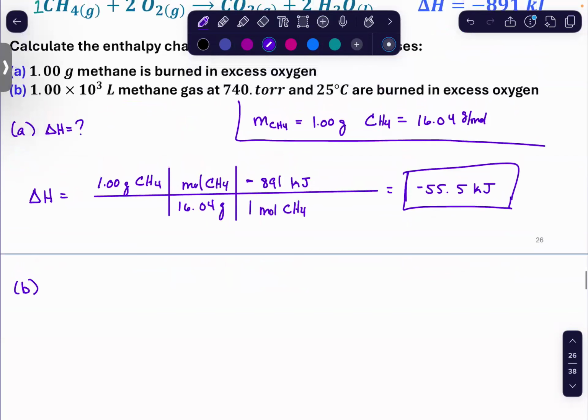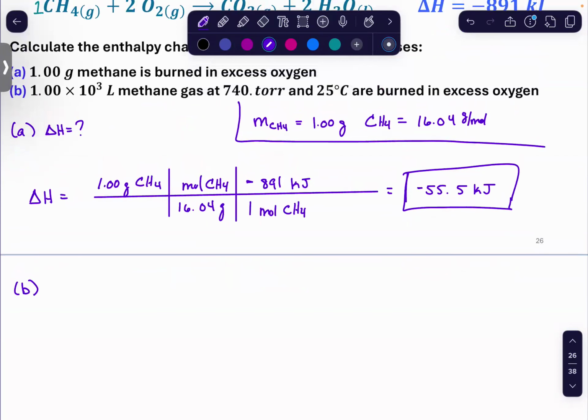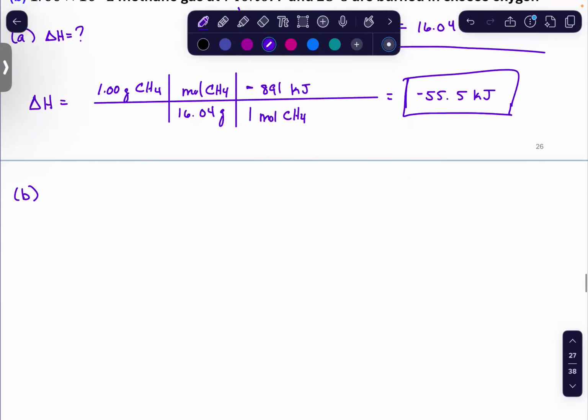So part B, 1.0 times 10 to the third liters of methane gas at 740 torr and 25 Celsius burned in excess oxygen. So again, we're not worried about limiting reactant. What is the enthalpy?